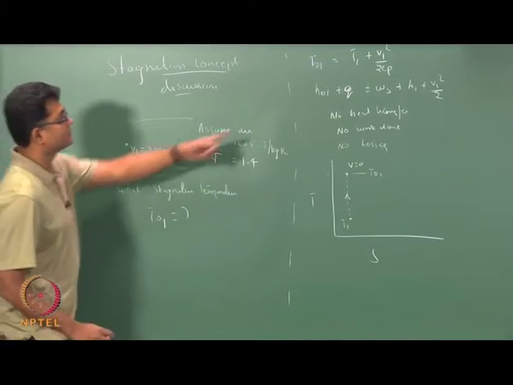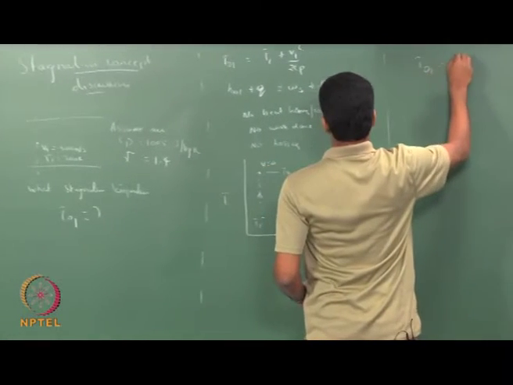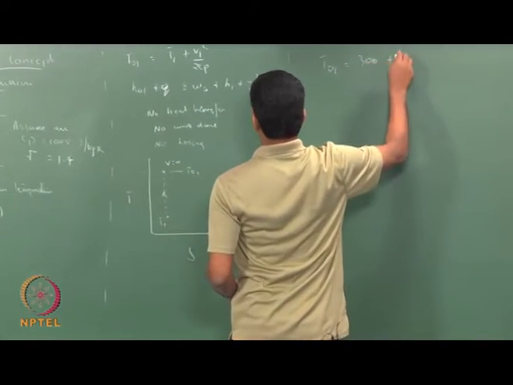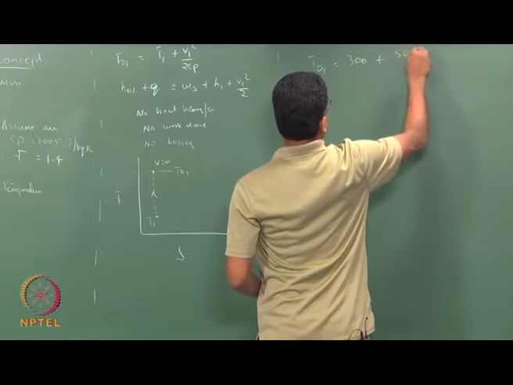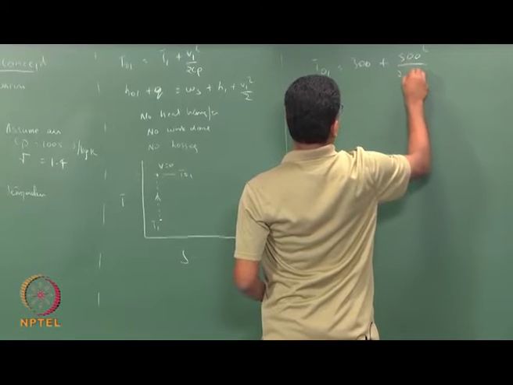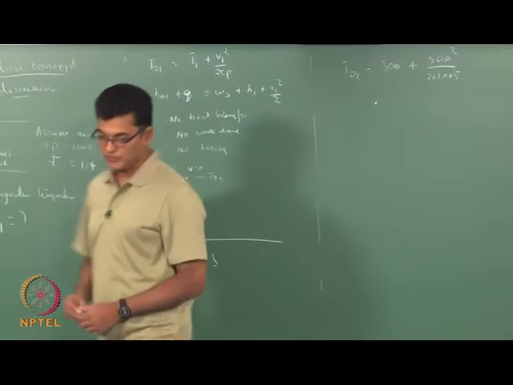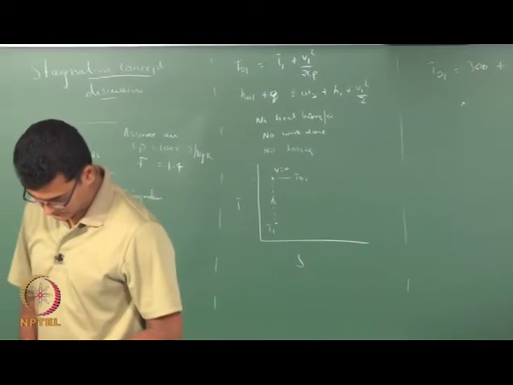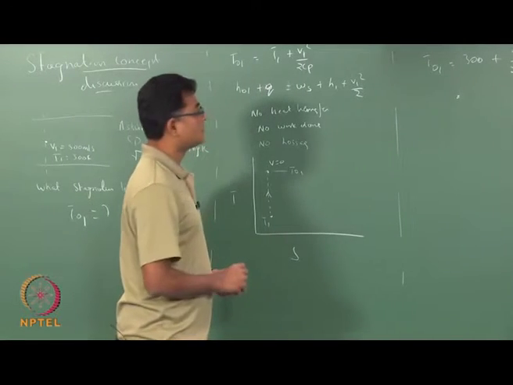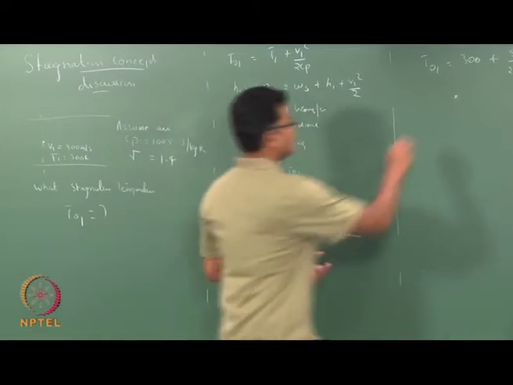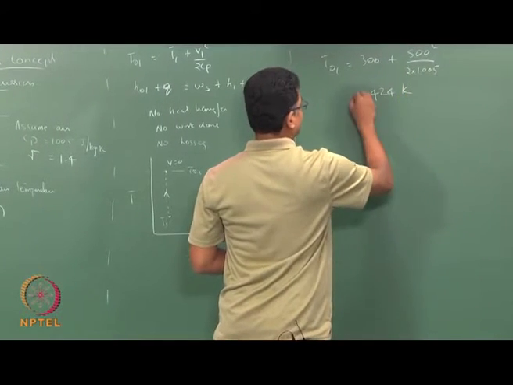So, it is the mere substitution of this equation. So, your T01 would be 300 Kelvin plus 500 square by 2 into 1005. This would be around 424 Kelvin.